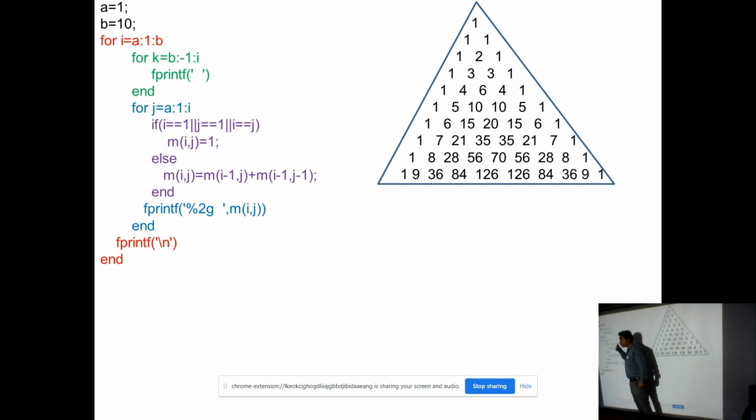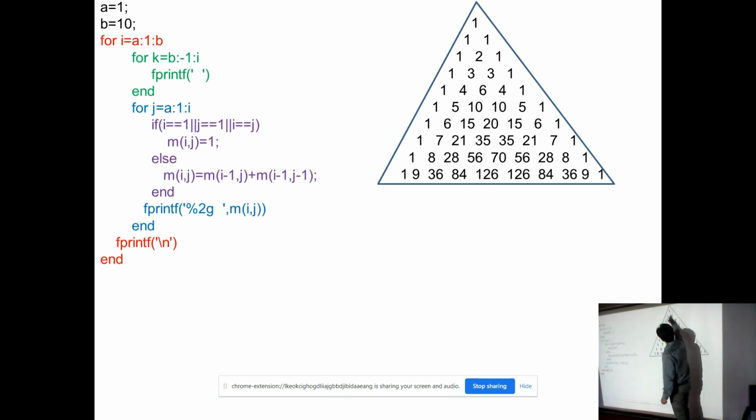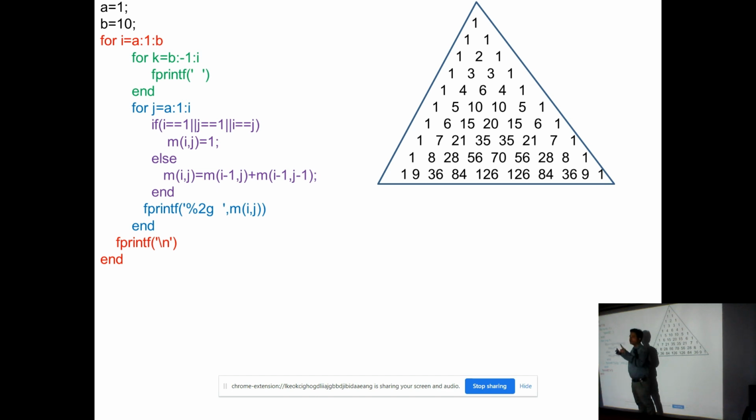If the first column is also 1, because what is the first column? For this is the first column, for this is the first column, for sixth row this could be the first column. So that should be 1. So if your column is 1, keep it as 1. Or if your row equal to column, for example, I am entering into a fifth row. Fifth row, fifth column. What is fifth row, fifth column?